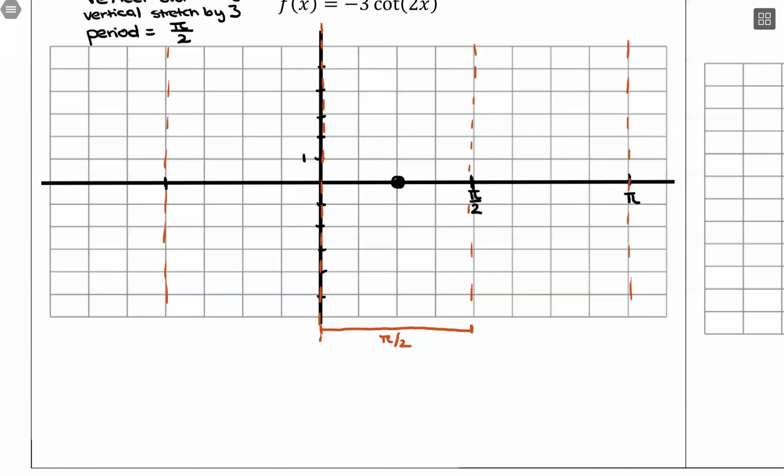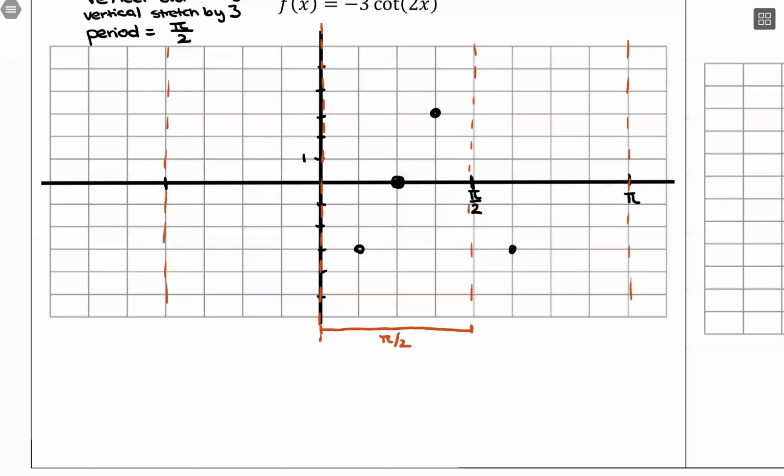But before we reflect, the stretch would bring this up to positive 3 and negative 3. But then the reflection over the x-axis means where it's positive, it's going to become negative, and negative is going to become positive. So you can tell it's starting to look like our tangent function, just with some characteristics of cotangent in there.